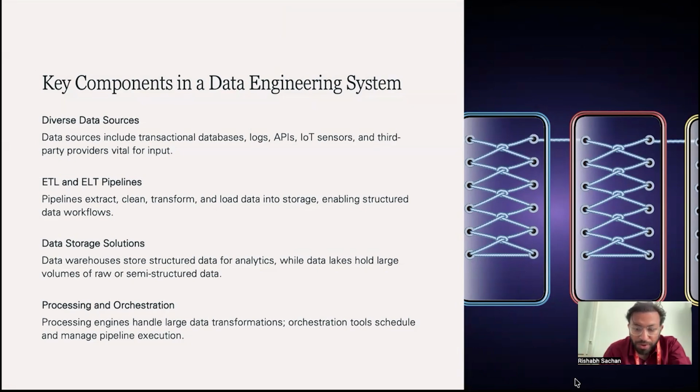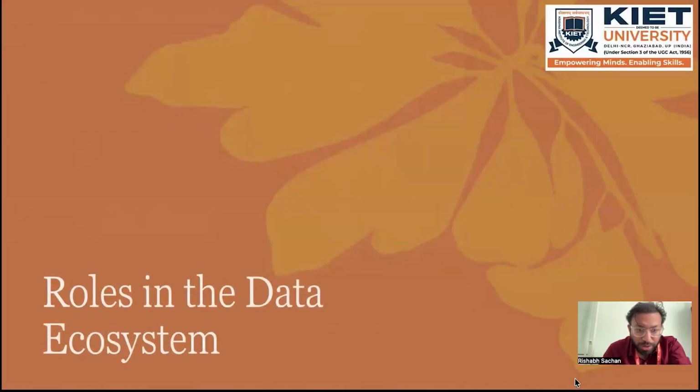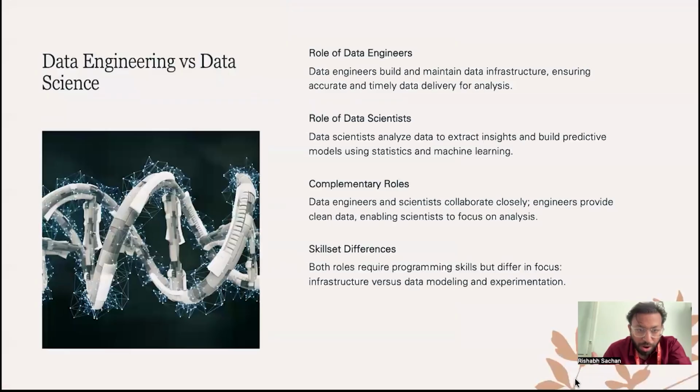For example, when you see product recommendations on Amazon or personalized content on Netflix, these are based on processed data. Similarly, banks use data to detect fraud in real time, and ride sharing apps like Uber use data to optimize routes and pricing. However, none of this would be possible without efficient processing systems. And this is exactly where data engineering comes into the picture.